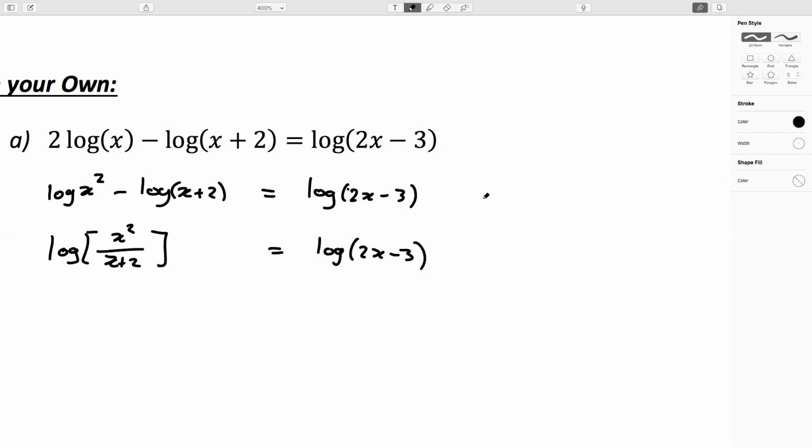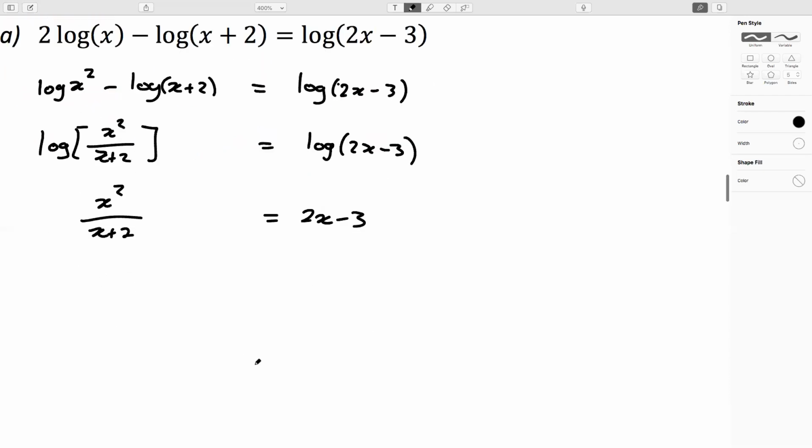And so at this point, we can scrap the logarithms. Technically, we're converting into exponential form, but log of a equals log of b means that a must equal b. So x squared over x plus 2 has to equal 2x minus 3. There's no other way. It'd be like saying log of x equals log of 2. Well, x is 2. And now we are going to have to join these together.